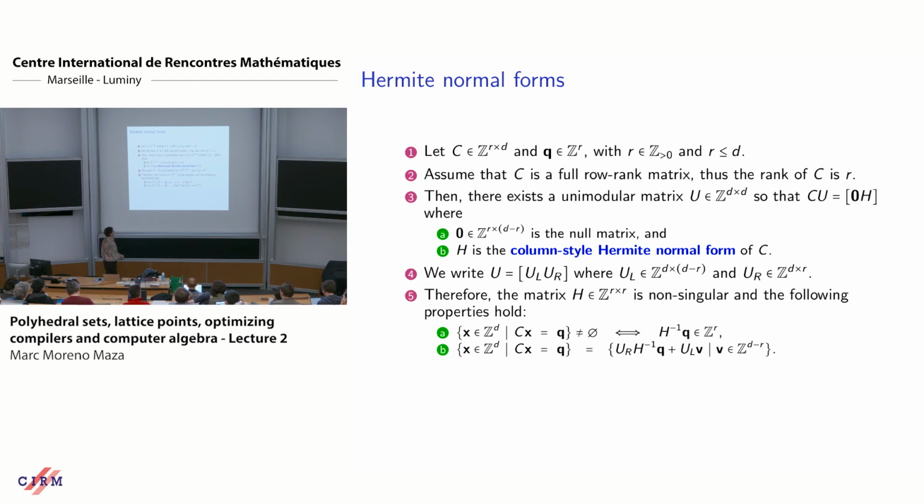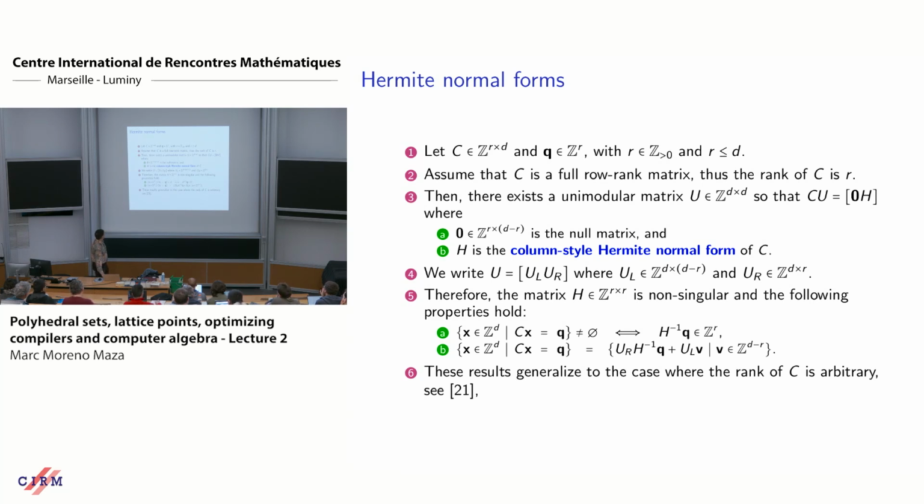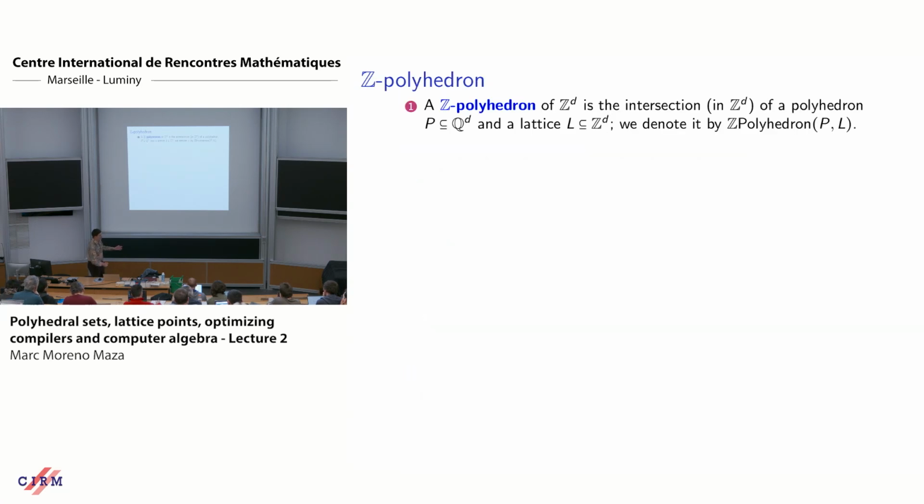So we have a description, which is in fact a lattice in the sense that we reviewed just before. And these results can be generalized to the case of matrices of arbitrary ranks and format. See the work of Ernest Orjohan and others.